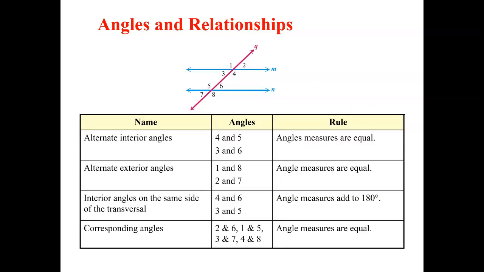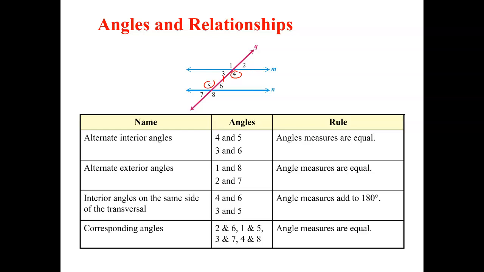So the first type is called alternate interior angles. 4 and 5 are alternate interior, as well as 3 and 6. They are on alternate sides of the transversal. That's the alternate part. Interior, between the parallel lines.